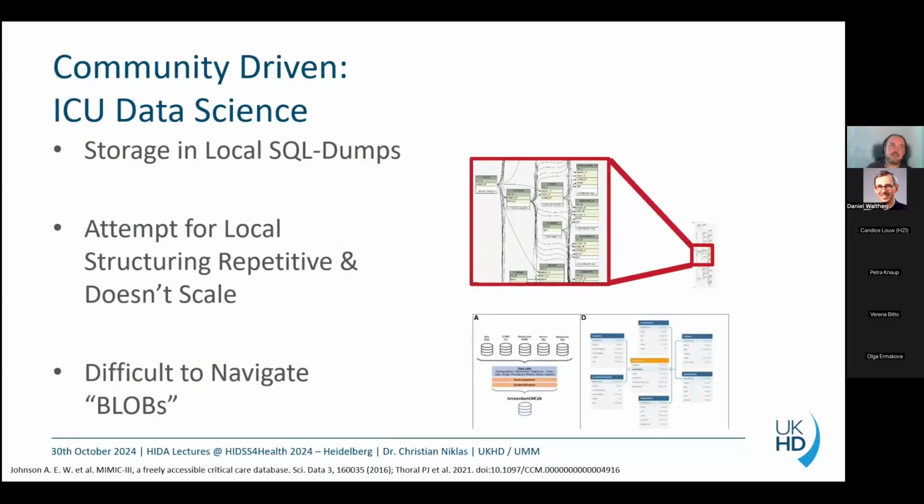If you look at initiatives that find data within their institution, collect it, and store it, they have traditionally taken approaches of having large SQL dumps that they provide, and having a more or less structured logic of how they provide their data.